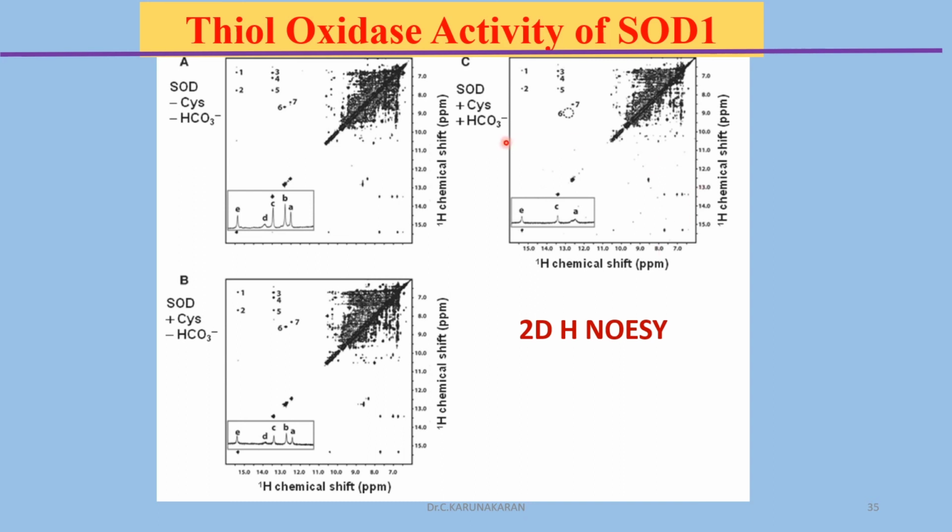Similar to peroxidase activity, thiol oxidase activity of SOD1 was studied by our group using spin trapping method as well as ESR, ENDOR, electron nuclear double resonance spectroscopy, and NOESY NMR spectra.